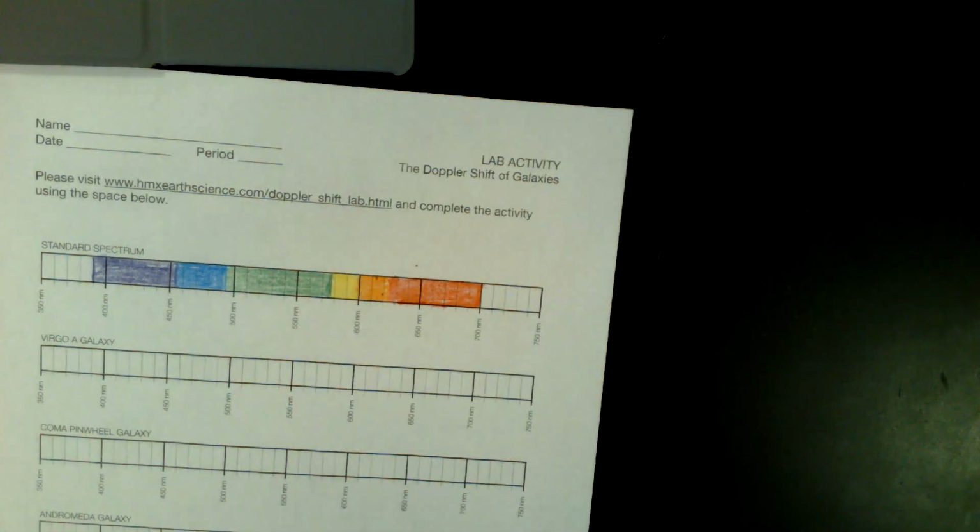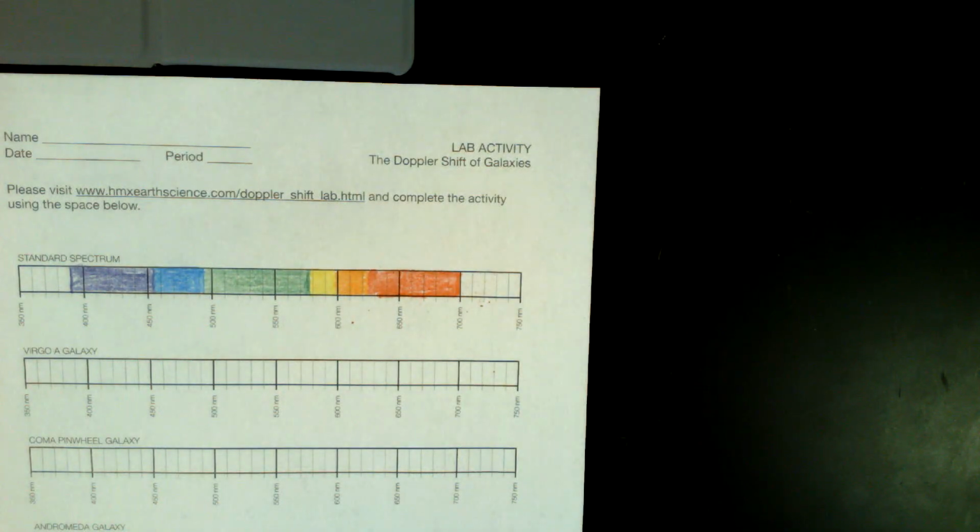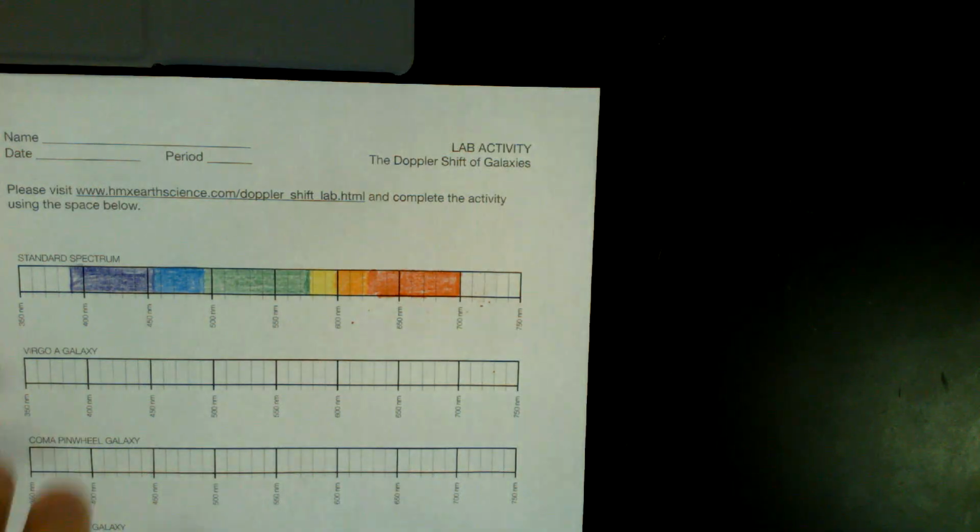Alright, so that part's done. So the next step, I can't actually scroll on the directions while I'm filming, but I believe the next step is to label the UV.